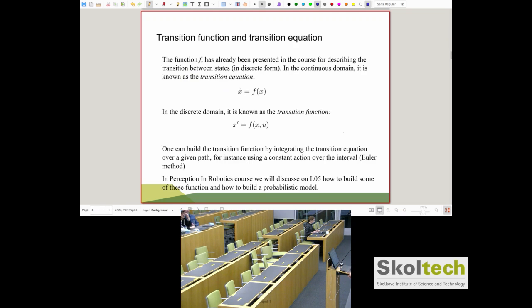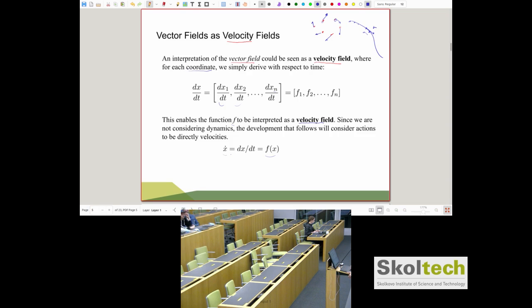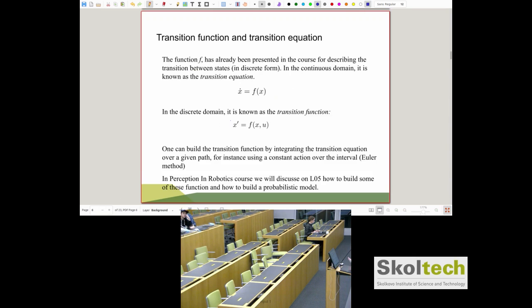Just a little note then about the transition function, or transition equation. This is the simplest way of saying that your system could be determined just by velocities, and then how can you calculate a path? If we start in the continuous domain, we have this transition equation, where the derivative is just going to be a function.